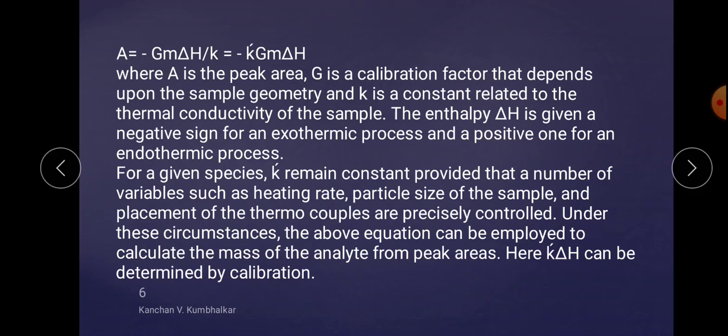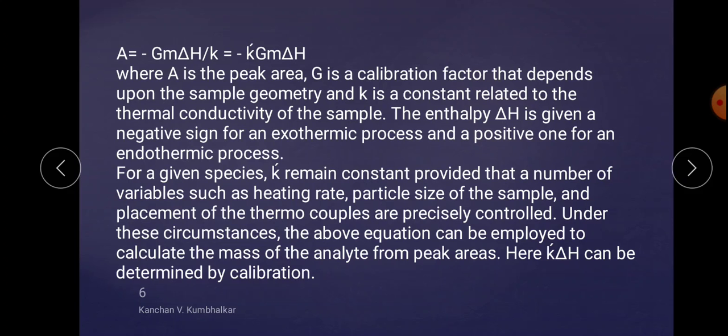Obviously in a DTA, what is the basic principle? When there is either a physical or chemical reaction, due to which there is a difference between TS and TR. What is TS and TR? TS is the temperature of the sample and TR is the temperature of the reference.